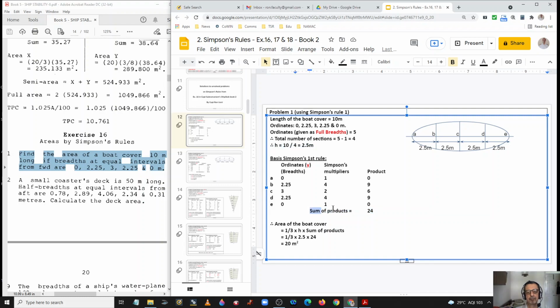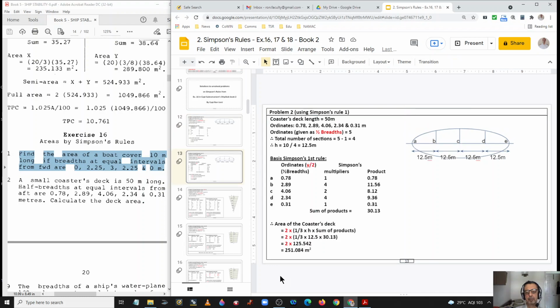We have found the sum of the products equal to 24. Thus we substitute and we find the area of the boat cover is equal to 1 by 3 into 2.5 into 24, thus giving us the area to be 20 square meters.